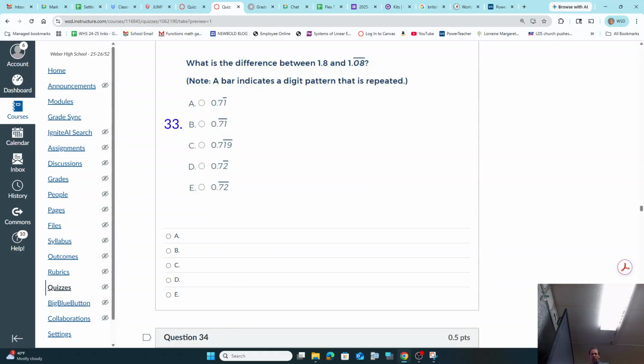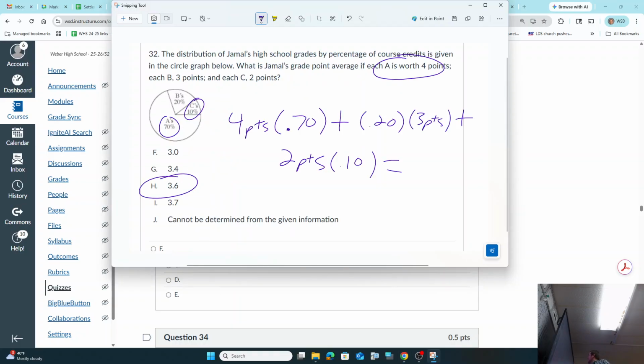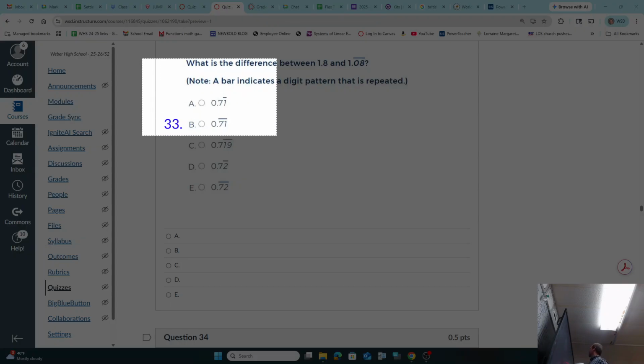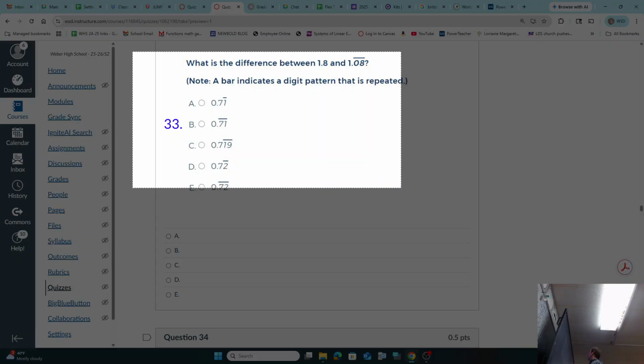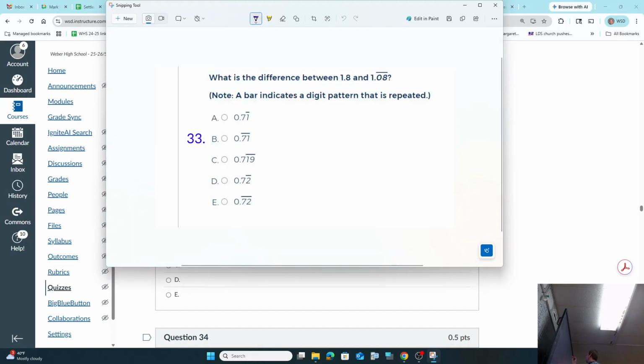Okay, so 33 nearly got me. Actually, it did get me once, but we got it this time. So watch out. It says 1.08 repeating. So 1.08 repeating is actually 1.08080808. I thought it was 0.8888, but that's wrong.